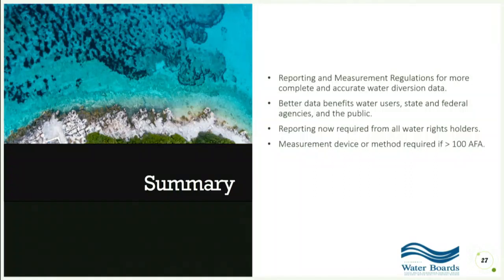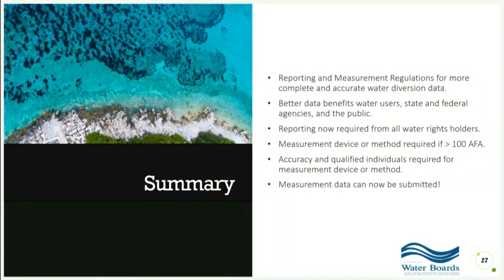A measurement device or method is required for all diverters if greater than 10 acre-feet. That's a typo. It says 100 acre-feet. It's required if it's over 10 acre-feet. And accuracy and qualified individuals are required for measurement devices and methods. And measurement data can now be submitted.